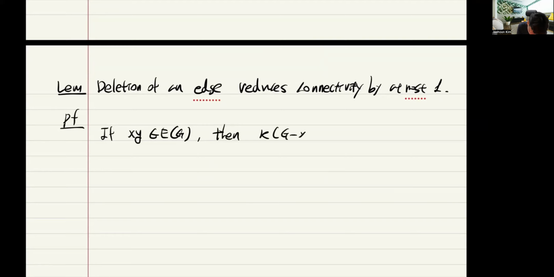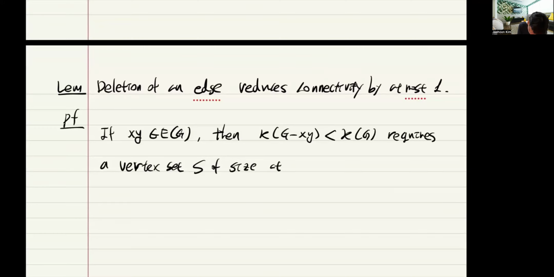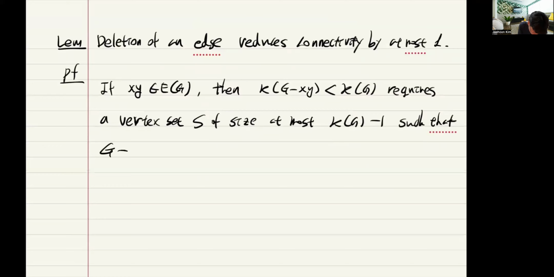If the connectivity drops, then what happens? There must be a vertex set S of size at most the connectivity of G minus 1 such that G minus xy minus S is disconnected.